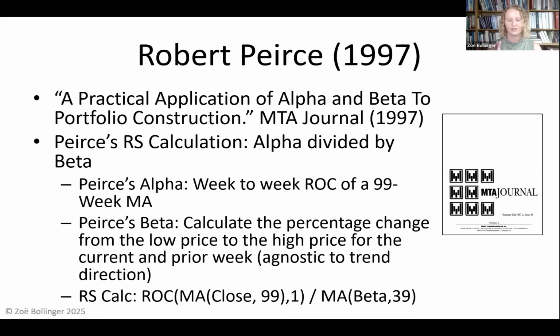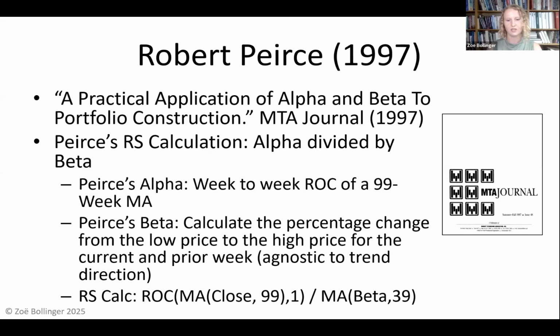It's really trend agnostic. He doesn't care if it's volatile to the upside or if it's volatile to the downside. What he wants is a little bit of a volatility adjustment on that rate of change. So he calculates over a 2-week period, the current week and the prior week, the distance from the low to the high. Doesn't matter which order they came in. Doesn't matter if it started high and has fallen or started low and has risen. He's going to take that rate of change and deflate it by that magnitude.